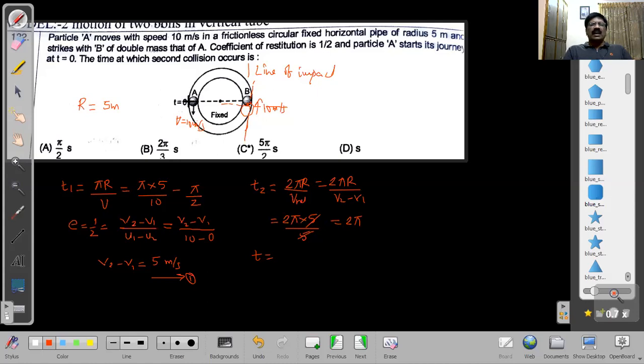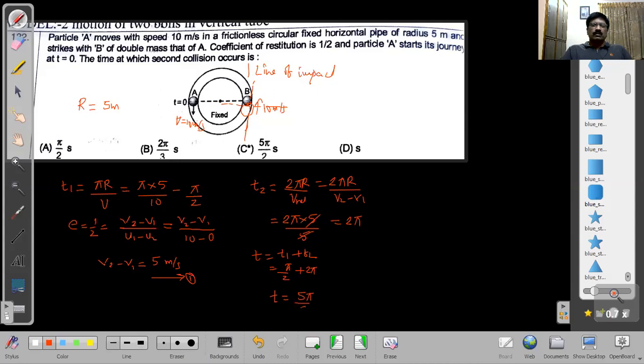So from the beginning, the time after which the second collision occurs is t1 plus t2, no? T1 is pi by 2, plus t2, which is 2 pi. When you take the LCM, you get t equal to 5 pi by 2.